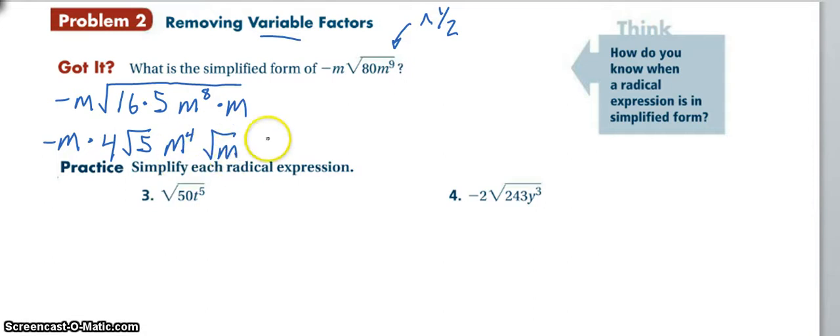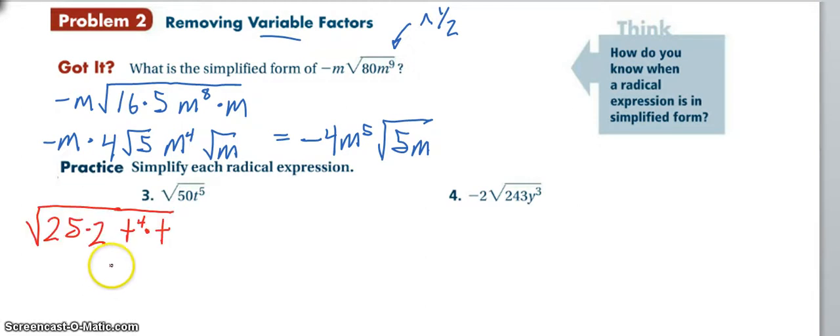Now let's tidy this up and make it look a little better. My like terms can all come together in front of the variables. I have a variable term and a variable term, so I can combine these. This negative is really like a negative 1, so that can go on the 4. So we can say it's negative 4 m to the 5th radical 5m. Go ahead, pause the video, try 3 and 4, and then come back for the answers.